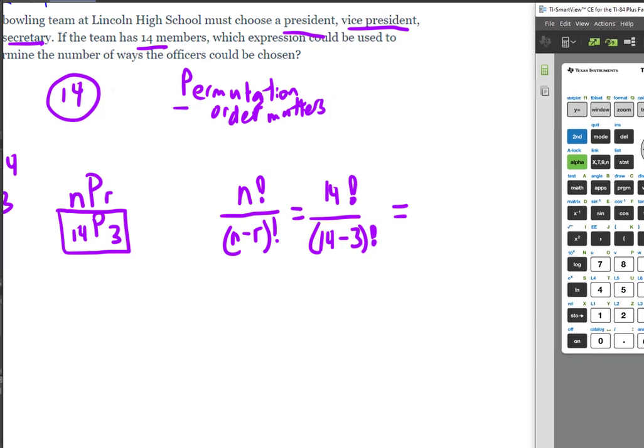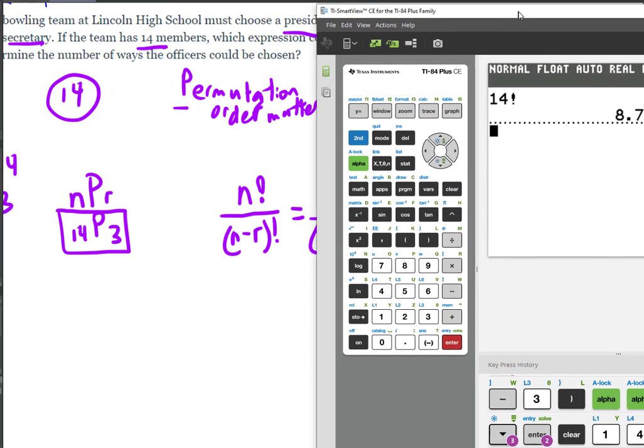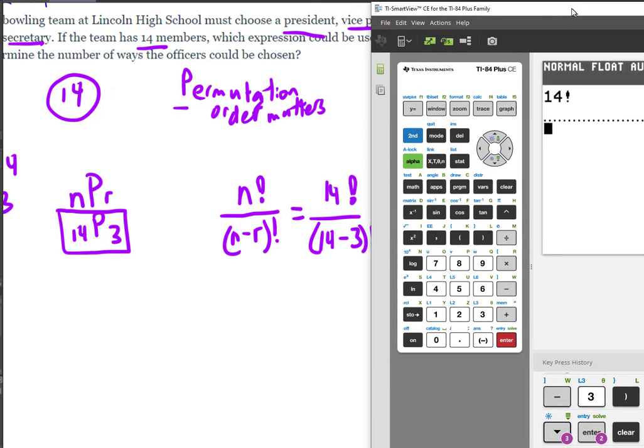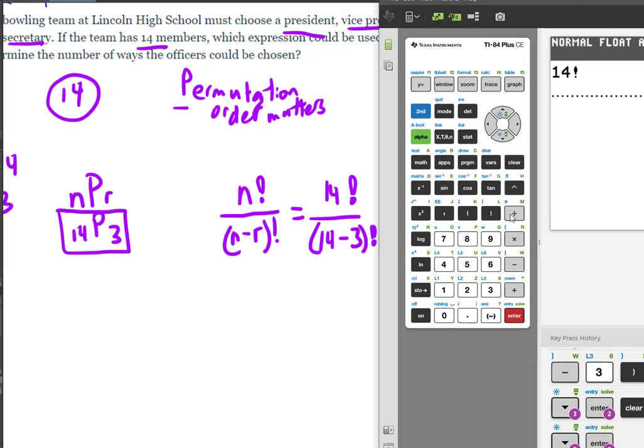Once again, factorial means 14 times 13 times 12 times 11 times 10 times 9 times 8 times 7 times 6 times 5 times 4 times 3 times 2 times 1. That's what 14 factorial means, right? But we're just going to do 14 factorial, and it's going to do it for us, and that is that huge evil number. Obviously, as you can see, it goes up super fast. So I'm going to divide that number now by 14 minus 3, right?